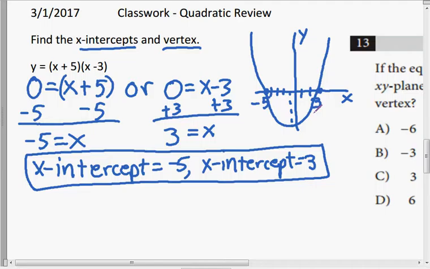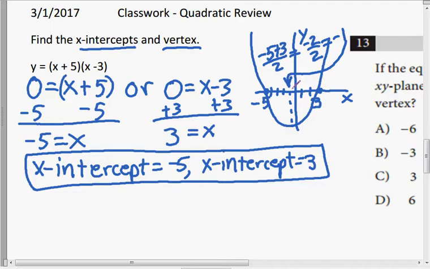I can see that halfway in between is negative 1, but if I don't have a picture, another way I can do that is to do negative 5 plus 3 divided by 2. That gives me negative 2 divided by 2, which gives me negative 1. And that's what I see here. Negative 1 is the x-coordinate of the vertex.